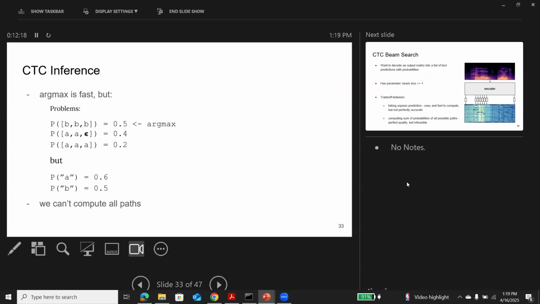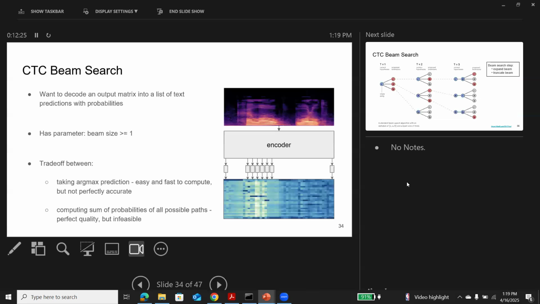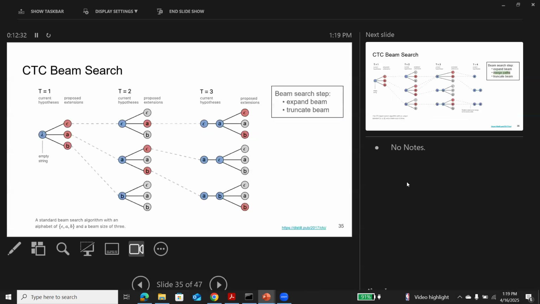So typically, we don't take argmax, we just apply beam search. Because we have a probability distribution for every frame, we are not limited to just taking the highest probability token.